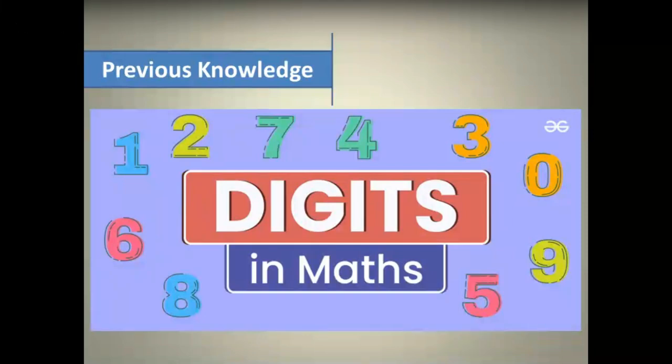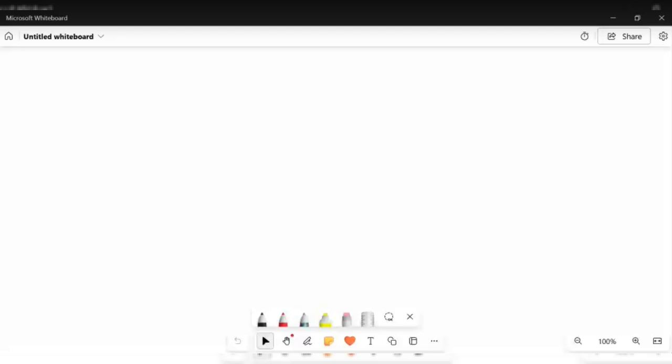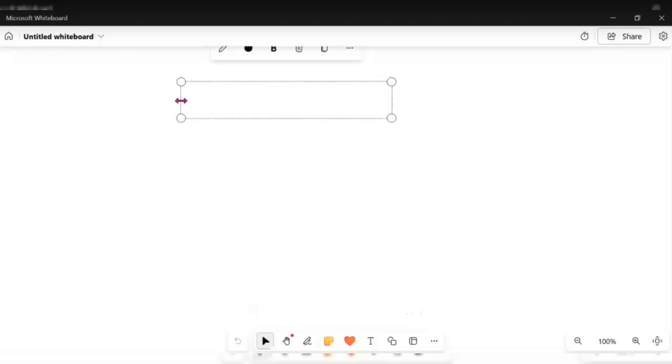So basically, when you talk about digits, they bring about all the numbers that we can make in mathematics. When you want to form numbers, they are formed as a result of the combination of different digits.